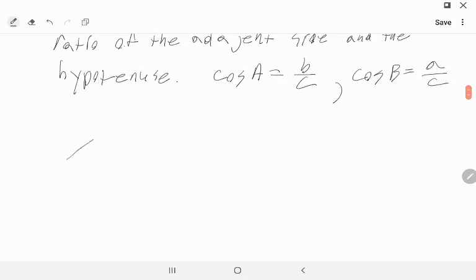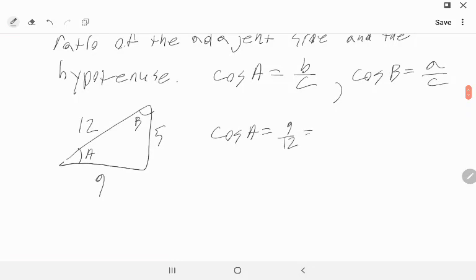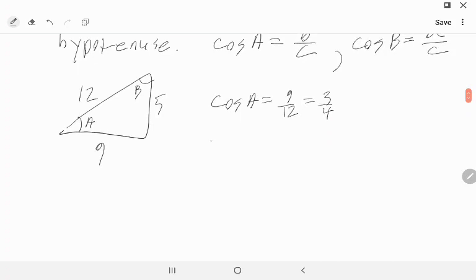So if we looked at 12, 5, 9, and we had angle A, angle B, we notice that cosine of A is equal to 9/12, and it doesn't hurt to simplify. That's not a focus of this class. And cosine of B will be, the adjacent side is 5 divided by 12, and so we get those two cosine ratios.